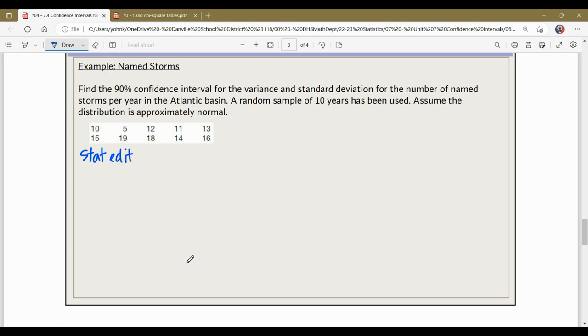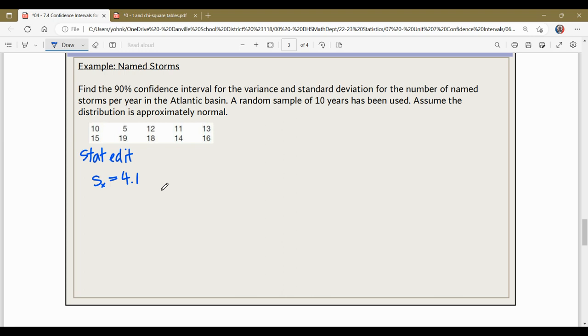So I need to go to my calculator and I need to type in the different values. If I type in the different values, I get a standard deviation of 4.1. So on your calculator, it'll say Sx. That's your standard deviation.